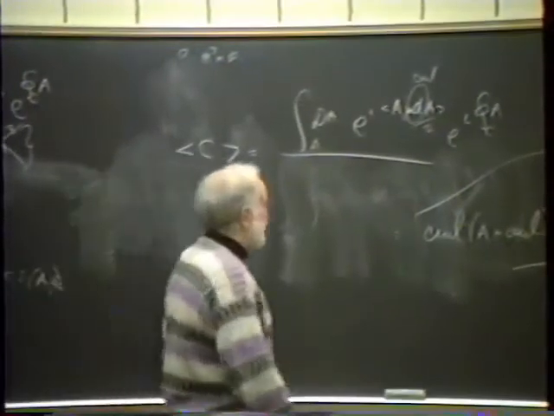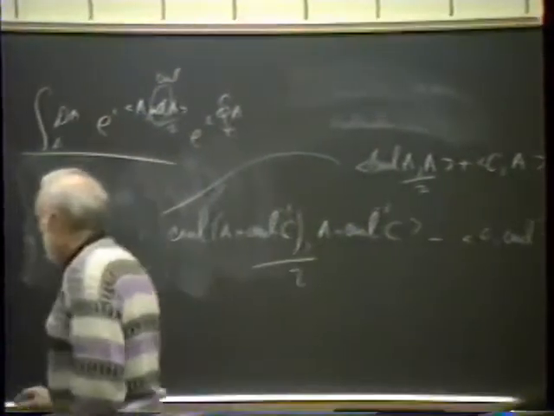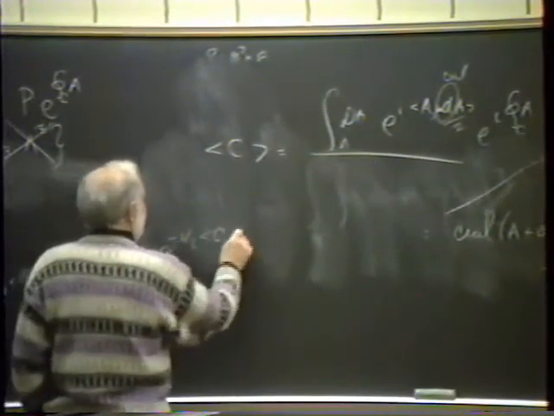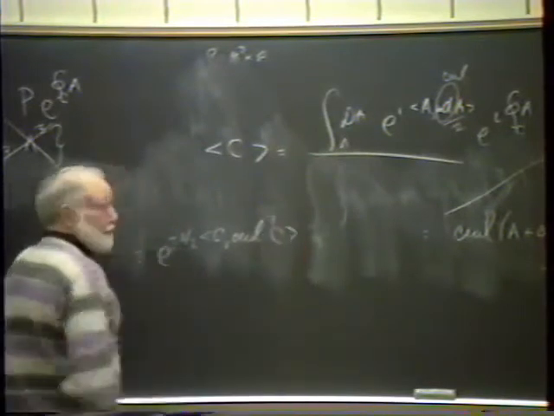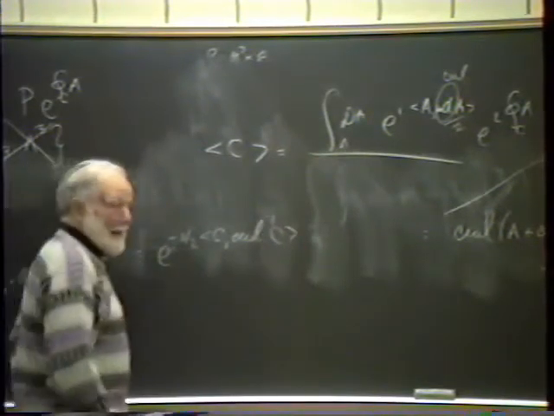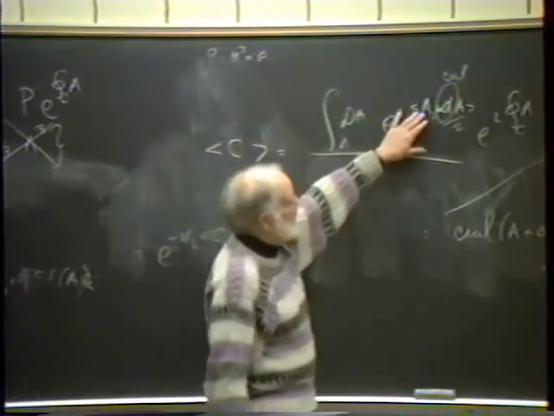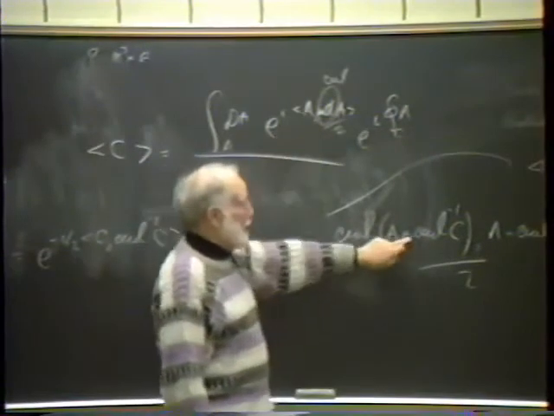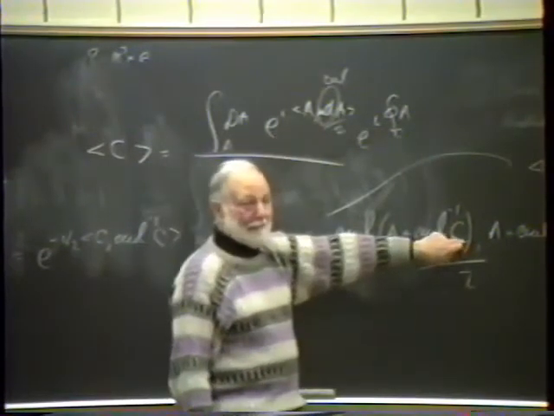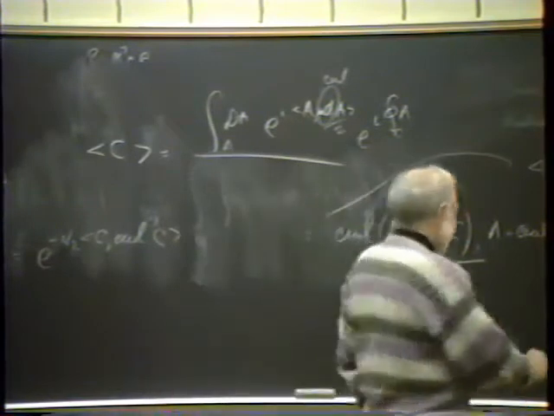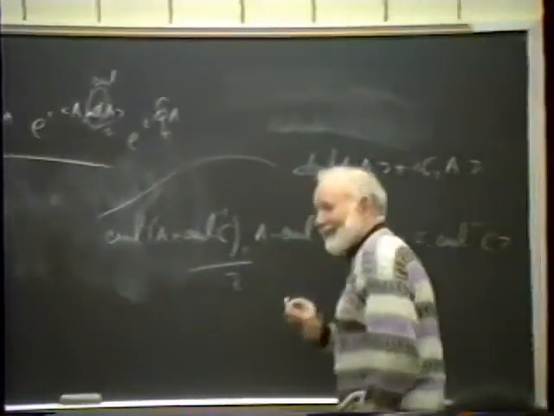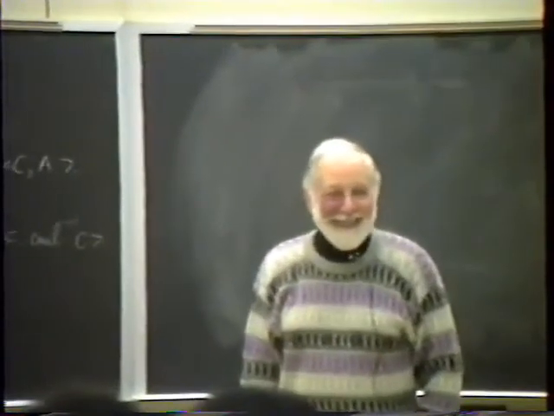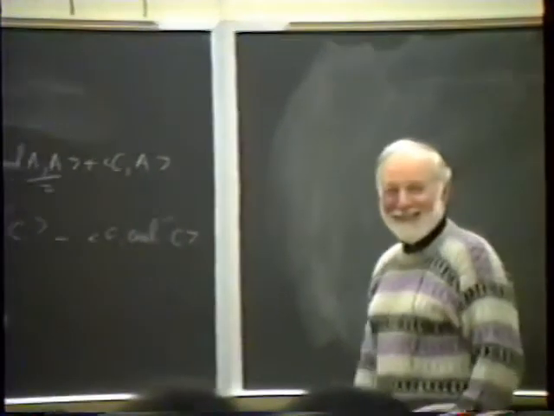Well, this part doesn't depend on A at all, so I'll get e to the minus i over 2 C curl inverse C. And then what I get is just this piece, but A replaced by A plus curl inverse C. Someone earlier, one of my former students here, accused me of becoming a physicist and not a mathematician at all, and you're about to see that in operation.